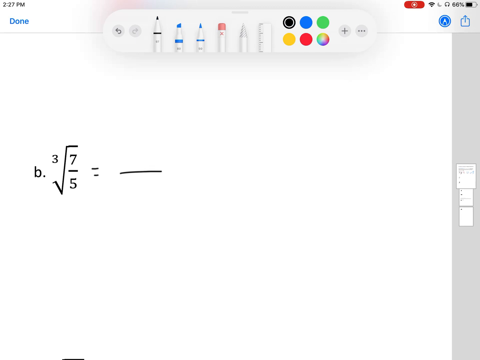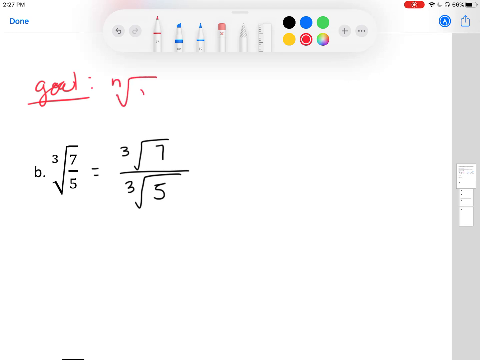Let's split the radical so that I have the cube root of 7 divided by the cube root of 5. So ideally, what you should be thinking about in the back of your mind is, what is your goal? What is your aim? Our goal is to have the same number as the index and the exponent.